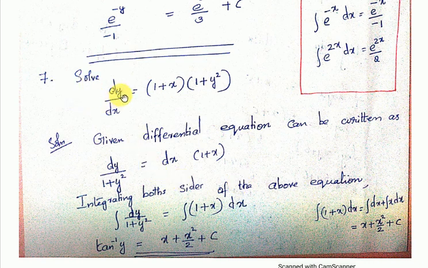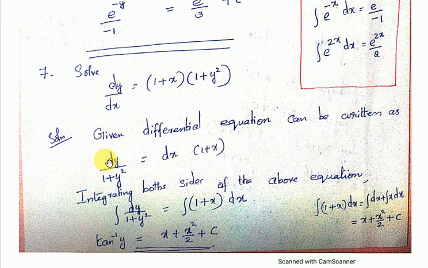Next, solve dy by dx equal 1 plus x into 1 plus y square. That is, given the differential equation, we can bring it to variable separable form: dy by 1 plus y square equal to 1 plus x into dx. Next, we integrate on both sides. Integral 1 by 1 plus y square. We know that integral 1 by 1 plus x square is tan inverse x.